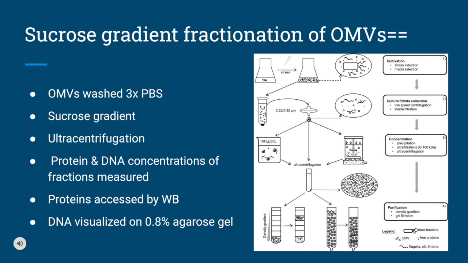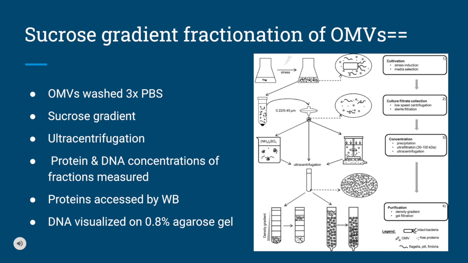The separation was done by ultracentrifugation, and then the proteins and DNA concentrations of each fraction were measured. The proteins were assessed by a Western blot, and the DNA was visualized on a 0.8% agarose gel.